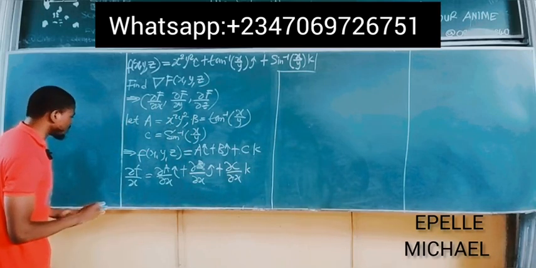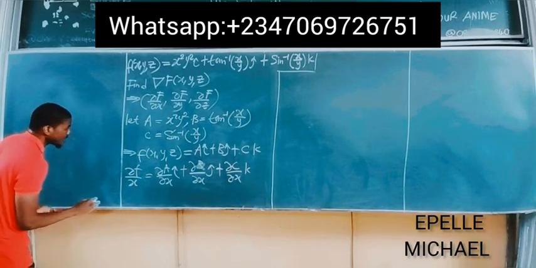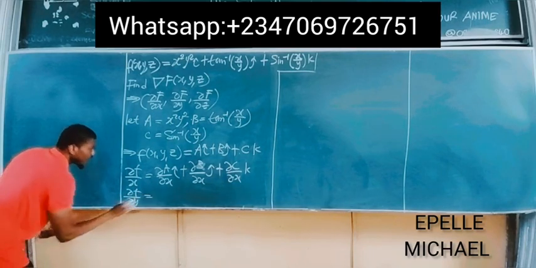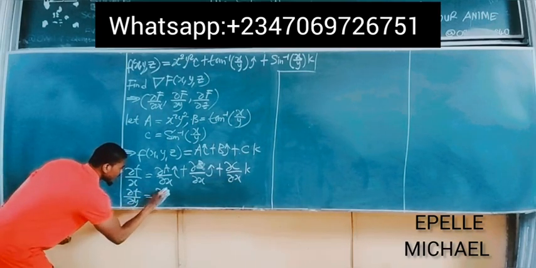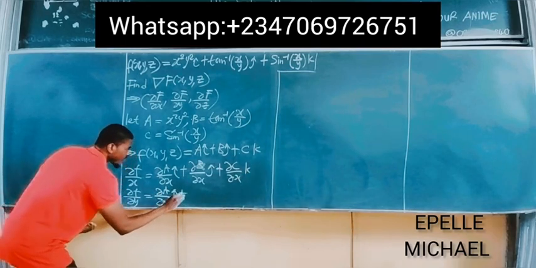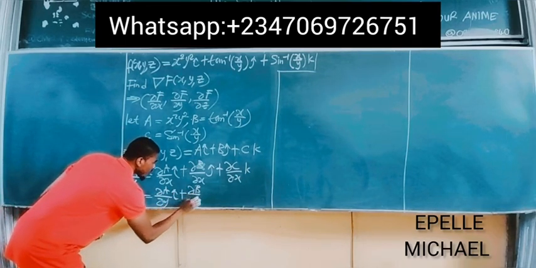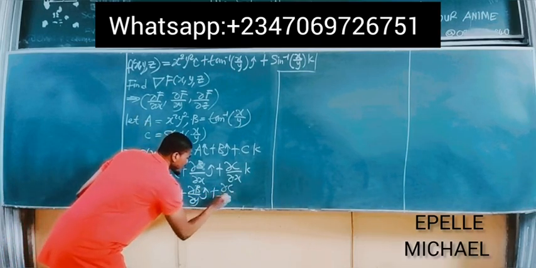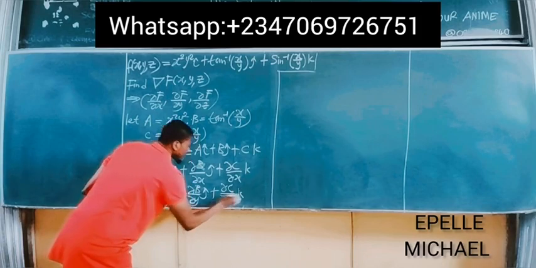Also, if I differentiate this function with respect to y, it becomes partial f over partial y, and that's equal to partial a over partial y i plus partial b over partial y j plus partial c over partial y k.